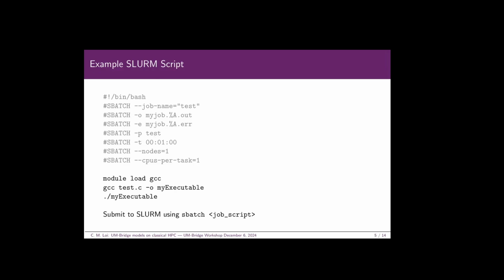In an HPC system, the resources are presented in nodes, and some of these nodes are categorized into a special partition, hence the name. In this case, it is just the task queue of the particular node I'm using. This sets the time limit, how many nodes I'm requesting, how many CPUs I want for my job, and so on. The rest of this is just typical bash commands. So here I load my compiler, compile it, and run the executable.